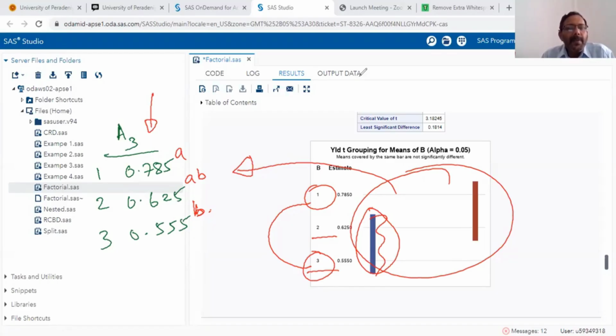Similarly, no difference between third and second. But there is a difference between first and third by looking at the letters. So what do you recommend? Which is the good one? Not only the third, second and third, because there is no difference between second and third. Second and third are relatively better for program 3.